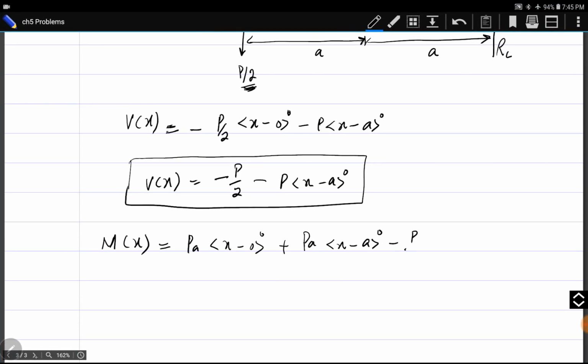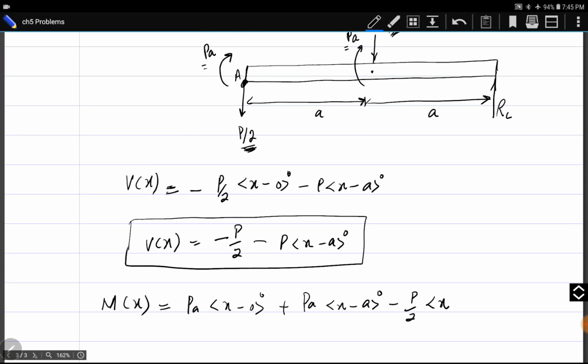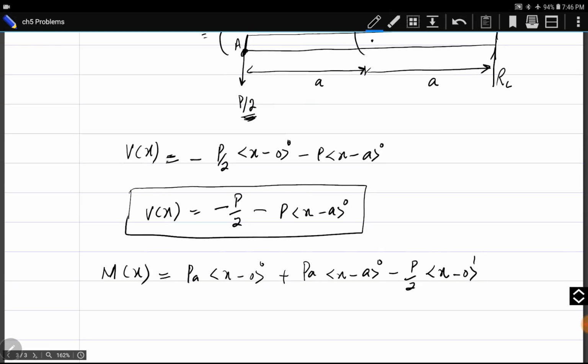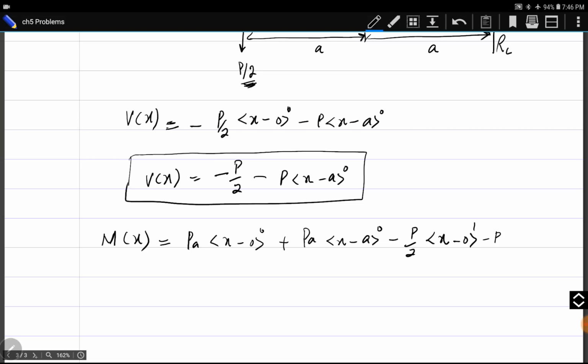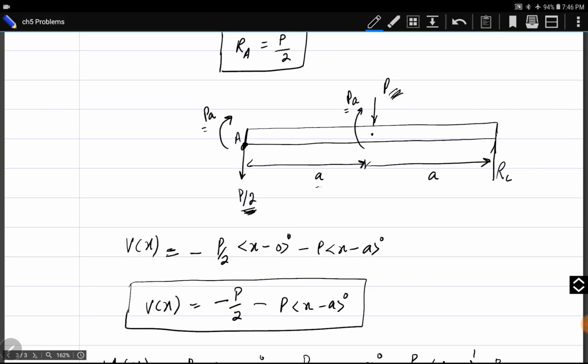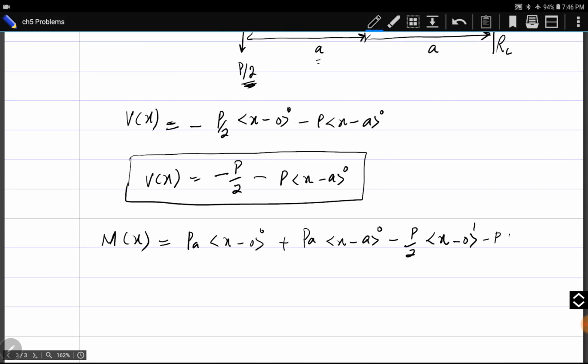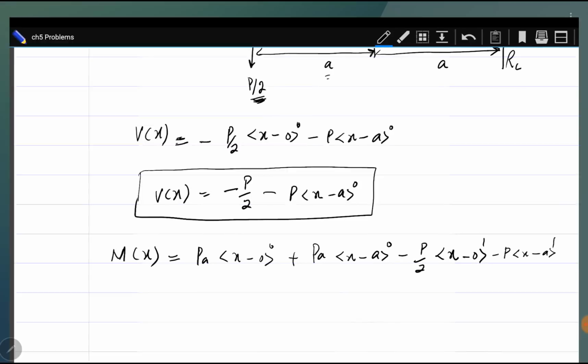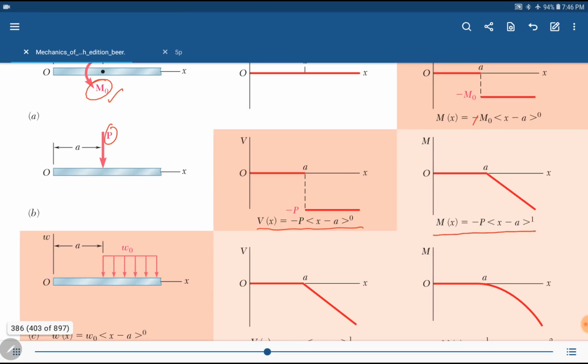Minus P by 2 into x minus 0 power 1, since it has 0 distance from the left hand, minus P, and it has a distance of a from the left hand, so x minus a power 1. We have used this expression.